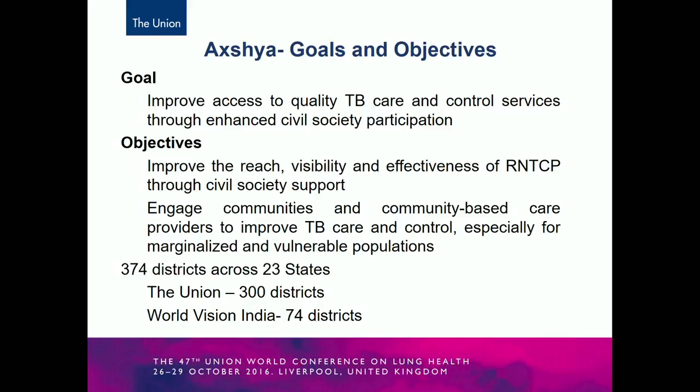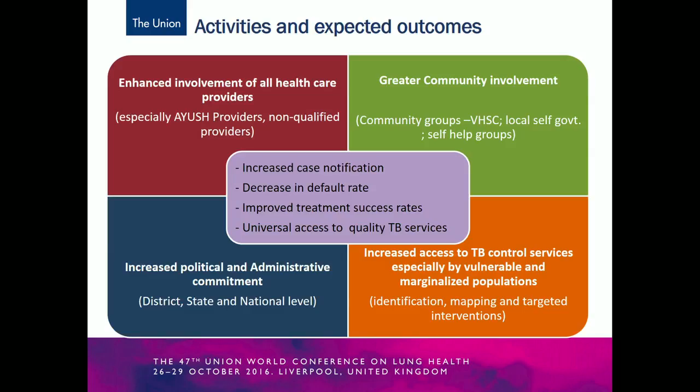We are implementing the project. The Union is in 300 districts. This is a snapshot of the activities we do. There is a greater involvement of the community. We sensitize the community groups, self-help groups, and the Panchayati Raj institutions.